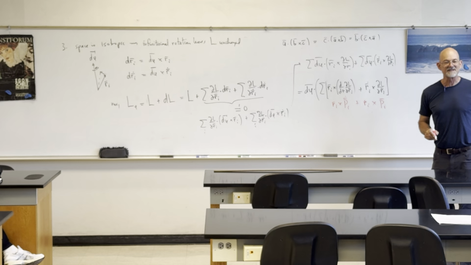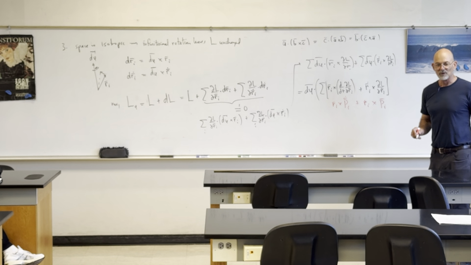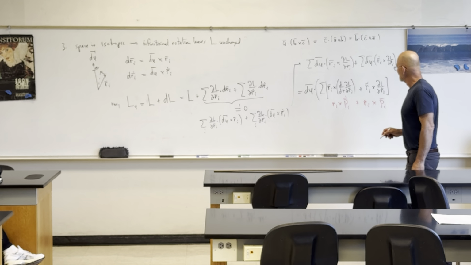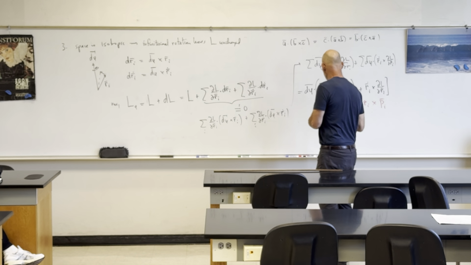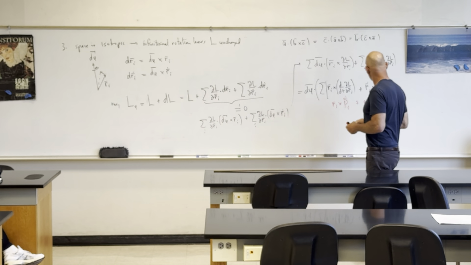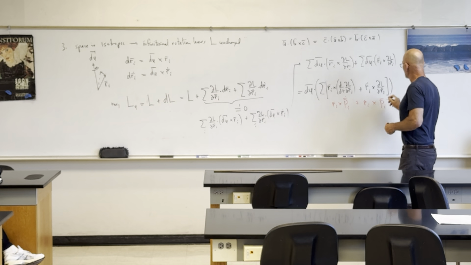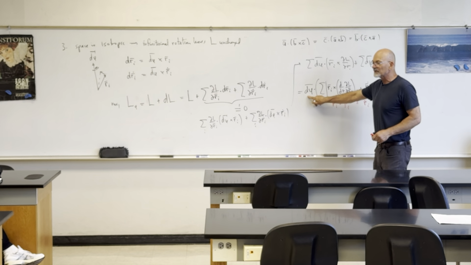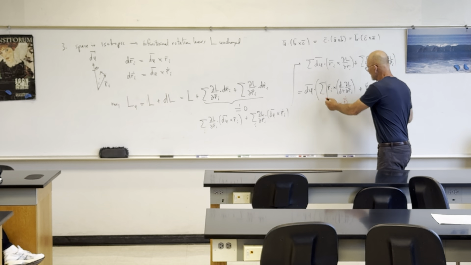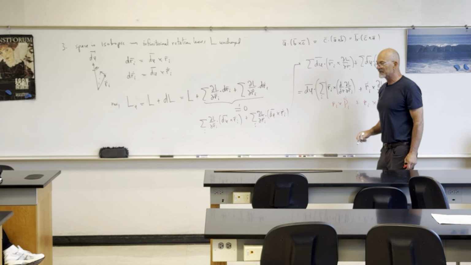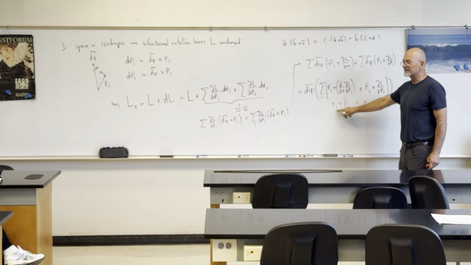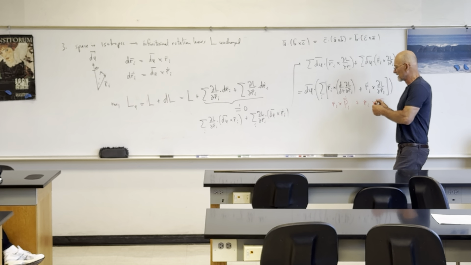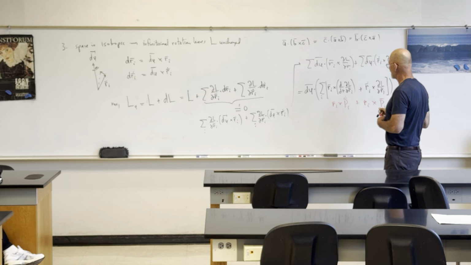So that's a complete time derivative, the product rule. So it's going to be the same argument as before. Because dφ is arbitrary, I'm going to say this sum here vanishes, and then I'm going to say this sum is the complete time derivative of something.